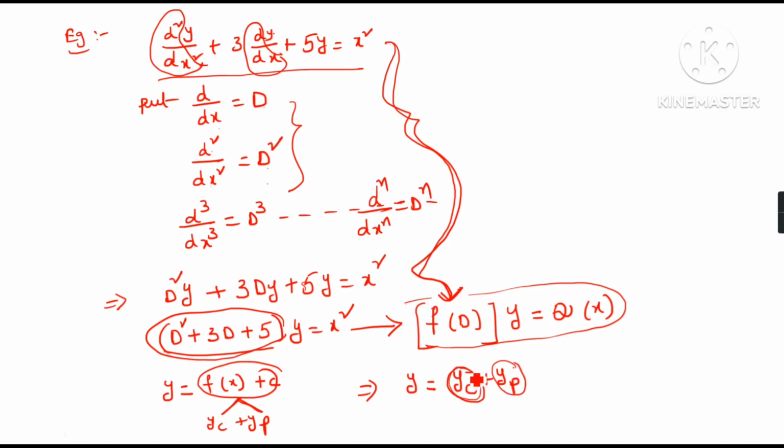We find yc from the left side part of the given problem, and we find yp from the right side part. So yc plus yp is nothing but the general solution y. Now, how to find yc? First, let us know how to find yc. Yc means the complementary function. Here we have so many types of complementary functions.